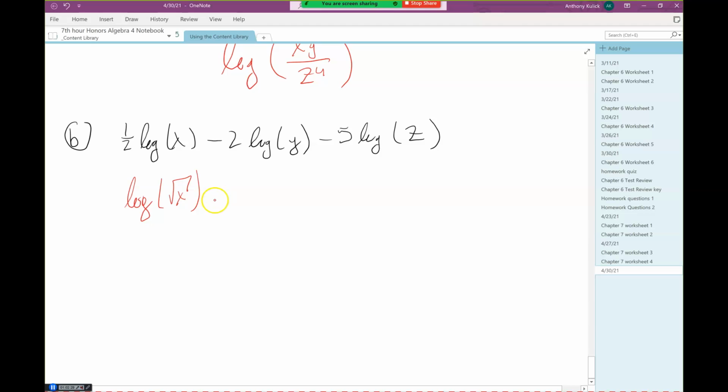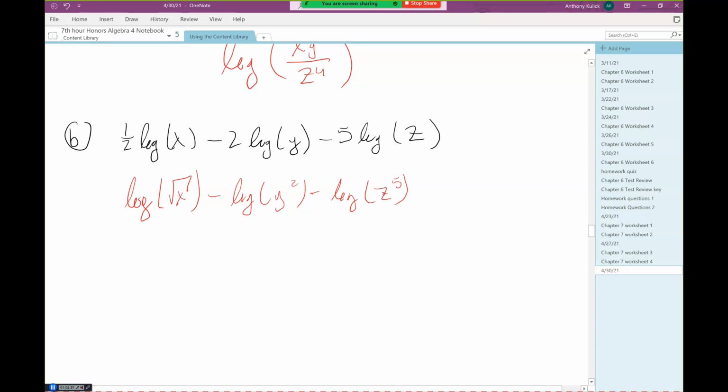If you wanted to, you could take the negatives with you and turn it into plus log y to the -2. It's not the way I prefer to do it, but it would be okay if you wanted to do it that way. Just for the record. I usually just leave the negatives there when I do it, but it's not wrong if you wanted to take them with you and turn them into pluses. Everybody's okay with what I'm saying there?